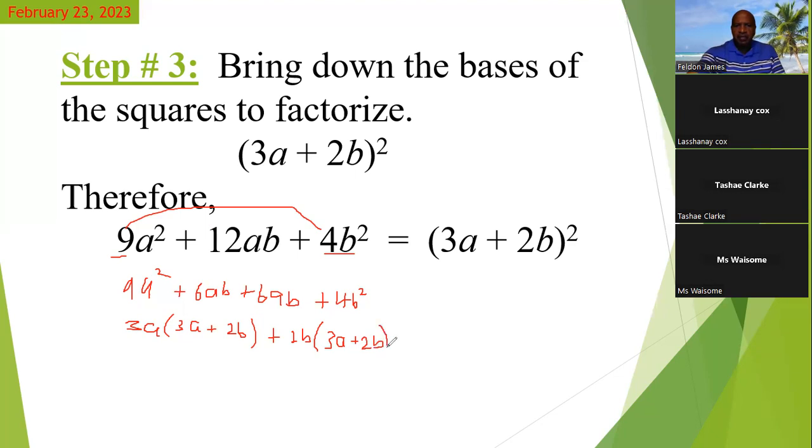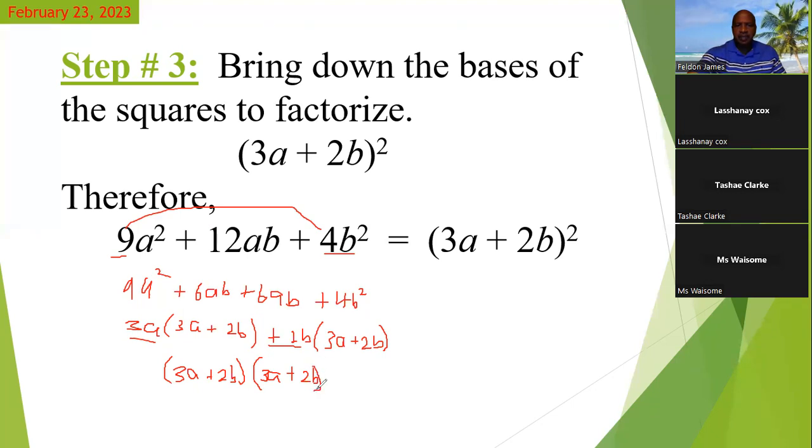If we look at the bracketed expression, they are common, so we pull out the bracket. So we have 3a plus 2b. Then we group what is outside in another bracket, which would also give us what? 3a plus 2b.